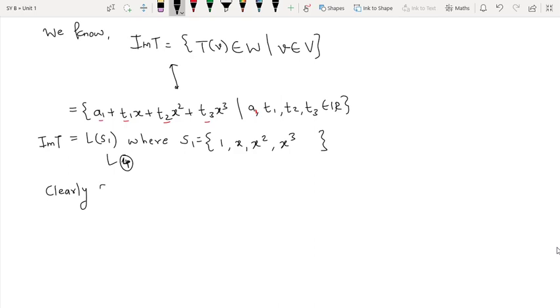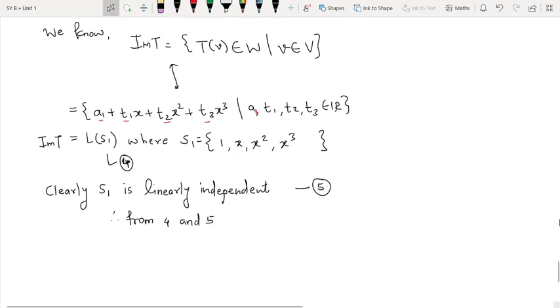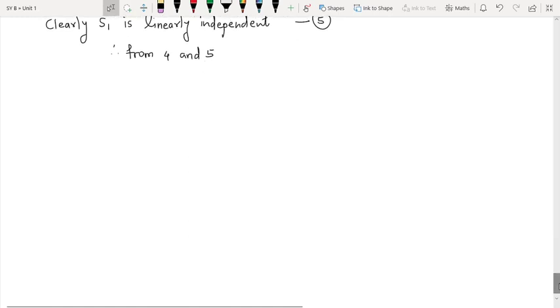So clearly S1 is linearly independent. Why? Because it is the standard basis of P3 of x, isn't it? Okay, so I'll call it as some 5. Therefore from 4 and 5 I can say that this S1 is the basis of image of T.